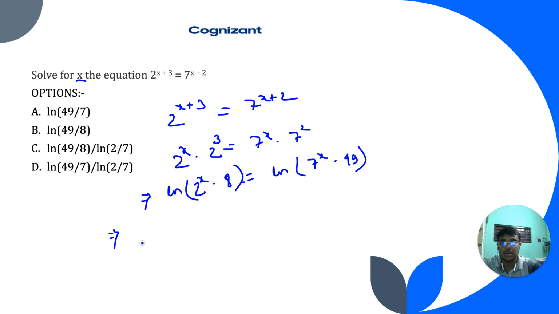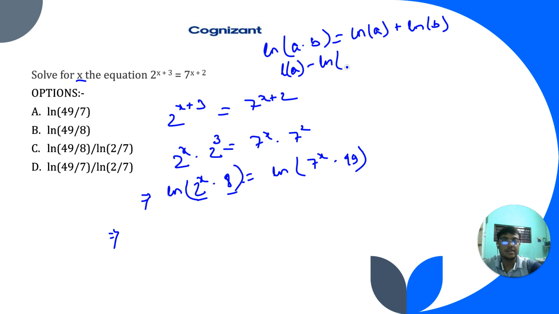Now if we simplify it further, let me write down the formula. ln A into B is equal to ln A plus ln B, and another formula you need to know is ln A minus ln B would be equal to ln of A by B. I hope that is clear. So we would be using these two formulas here.